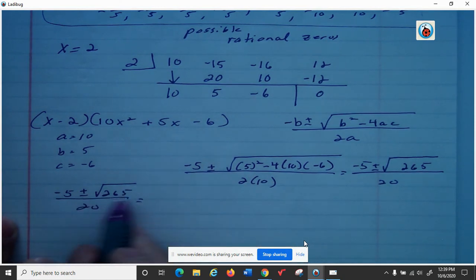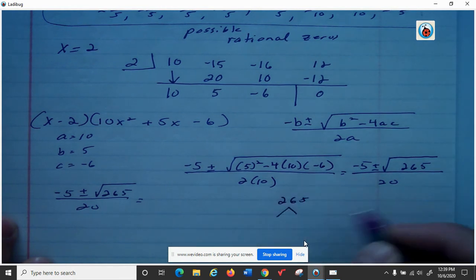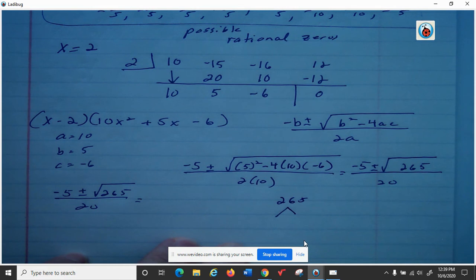I need to see if I can simplify 265. I'll do the prime factor tree. I know 5 will go in: 5 goes in 265 53 times. Well, 53 is a prime number, so it stops.